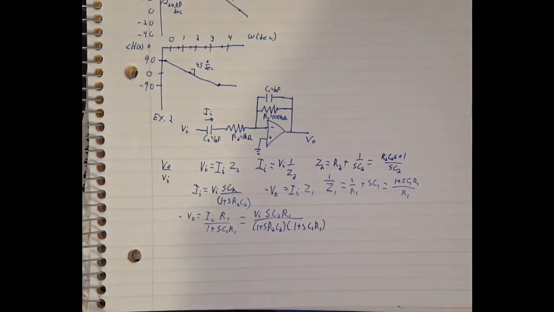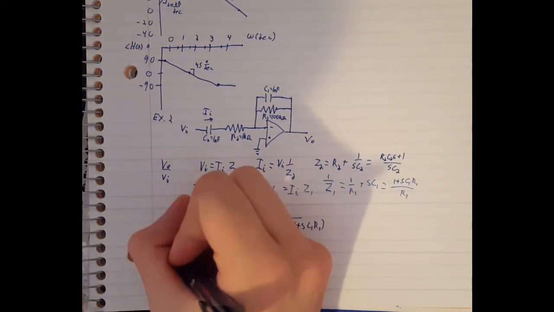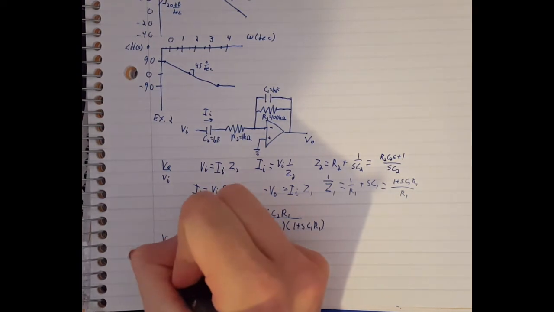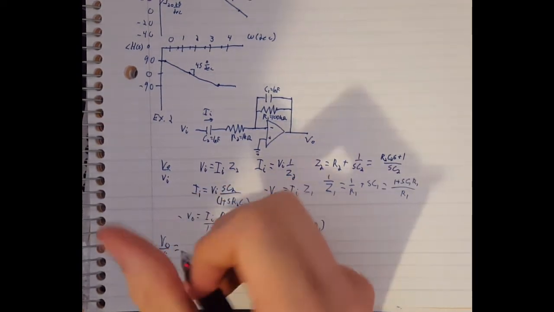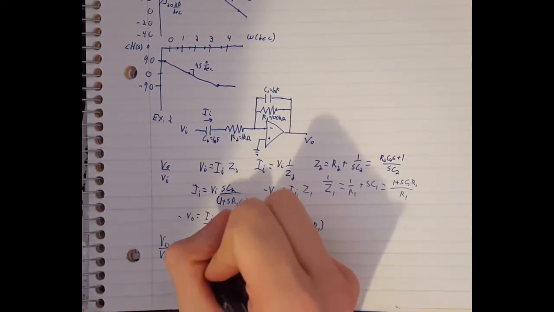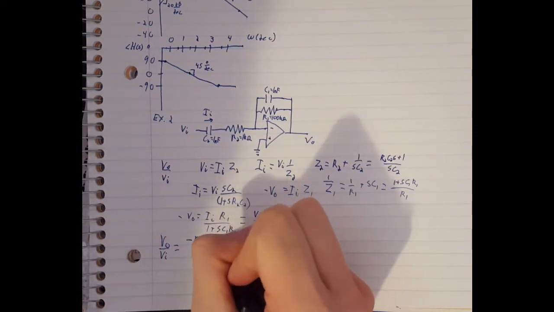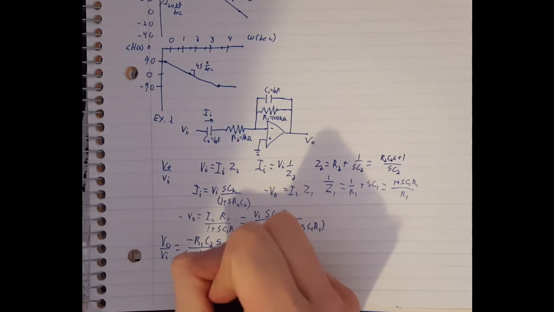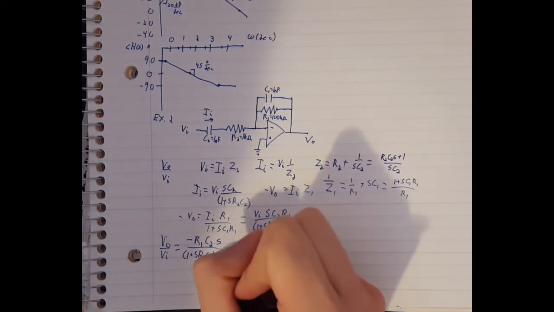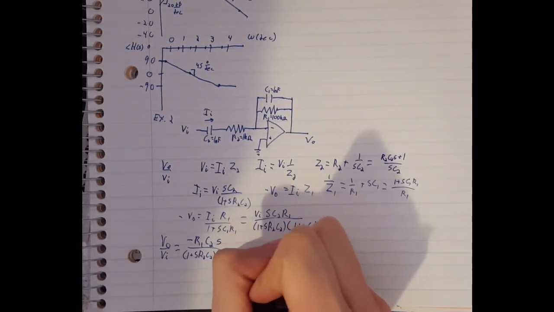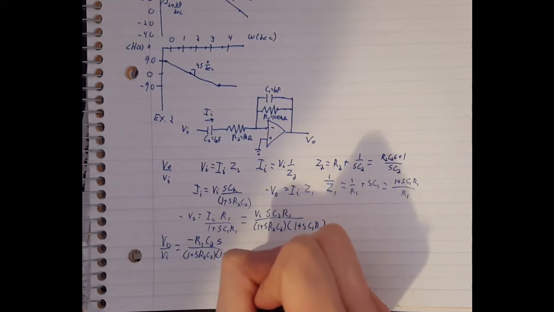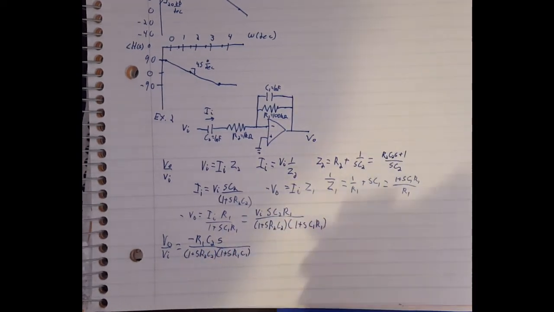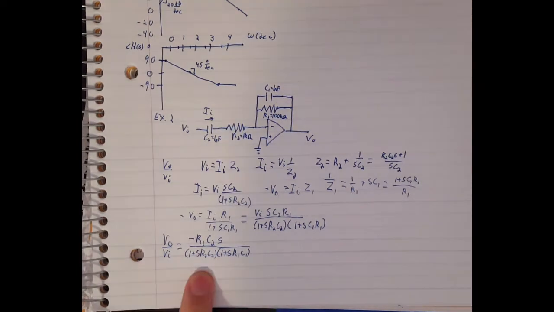And then that gives us V out over V in is equal to negative R1 C2 S over 1 plus S R2 C2, times 1 plus S R1 C1. So here's our transfer function.